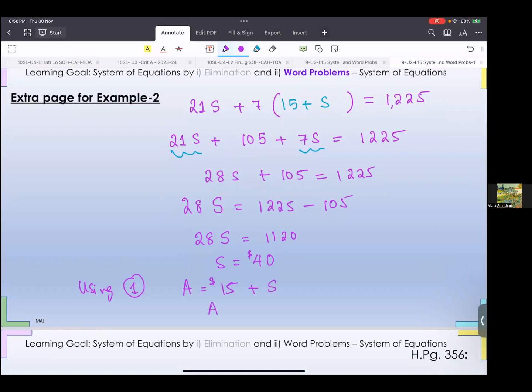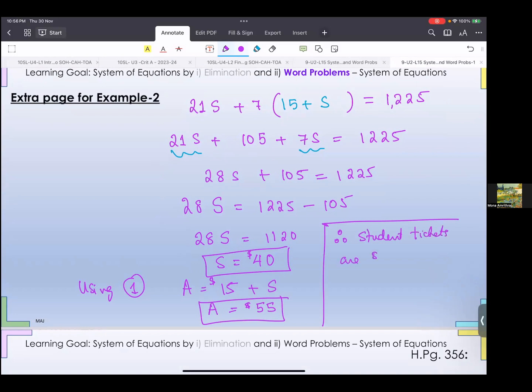So adult tickets are 40 plus 15, so $55. Okay. So you can write your final answer. Therefore, student tickets are $40 and adult tickets are $55.